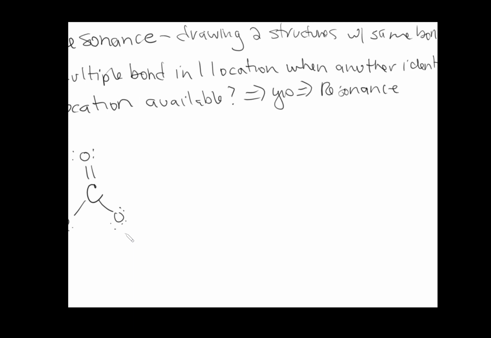All right, there's a formal charge here and there's a formal charge here, and there's none on that top oxygen. Well, this could have also been drawn. So what's the difference between those two? And then this one could have also been drawn.